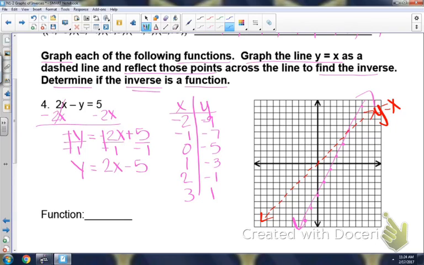So instead of it being negative 2, negative 9, it's going to be negative 9, negative 2, negative 7, negative 1, negative 5, 0, negative 3, 1, negative 1, 2, and you can continue that by using the slope there.